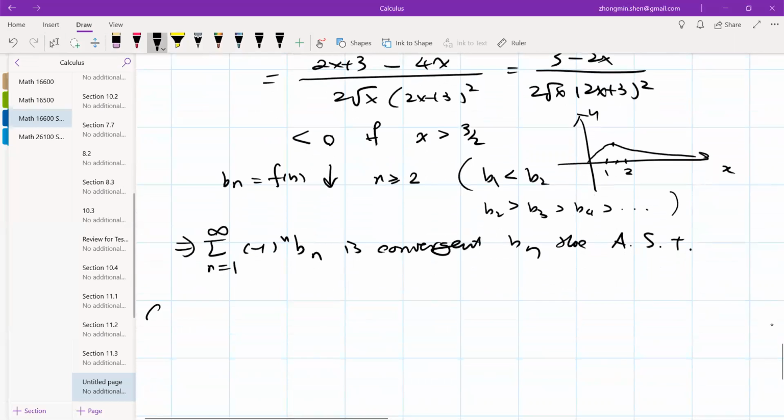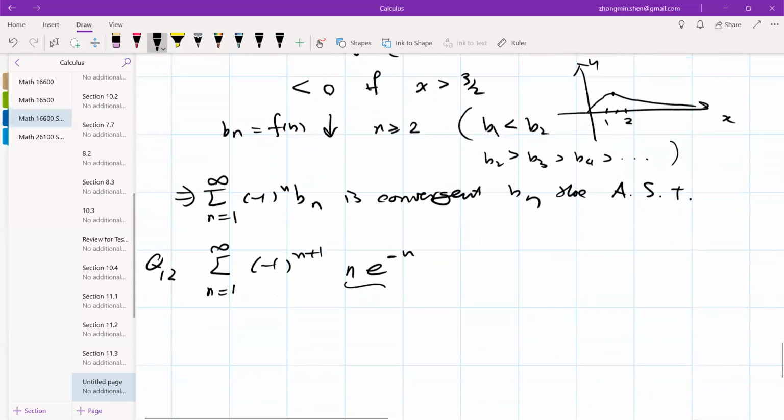And there are other problems too, like problem number 12. The series is negative 1 to the n plus 1 times n over e to the n.